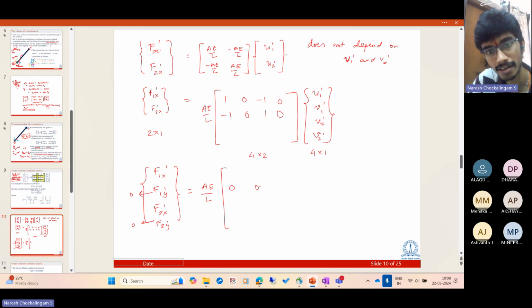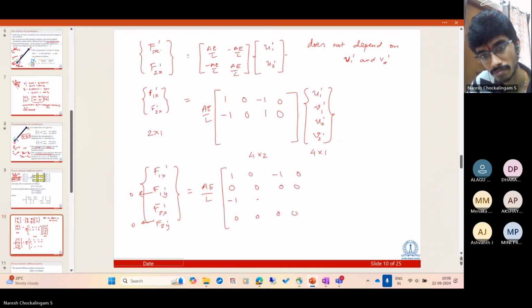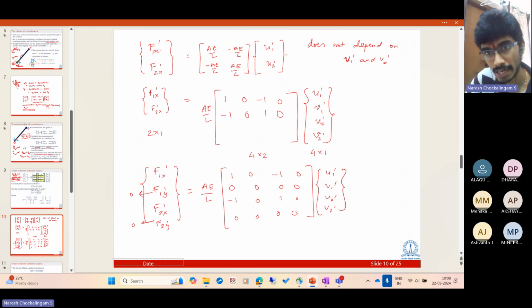So the second and fourth rows are just zeros, and the other two remain unchanged. By introducing zeros, we have changed nothing. These two systems are exactly equivalent. Actually, they are identical.